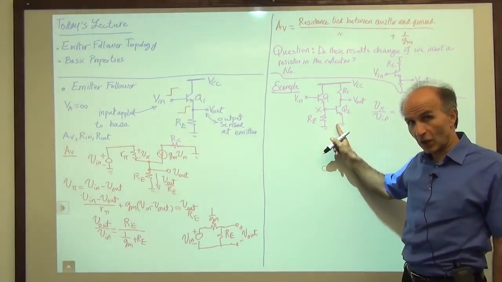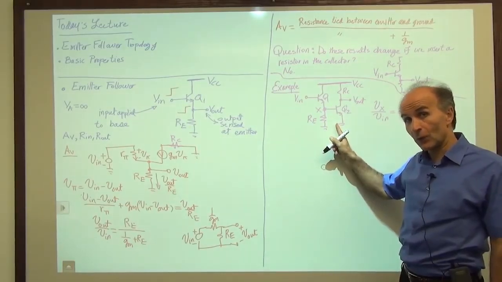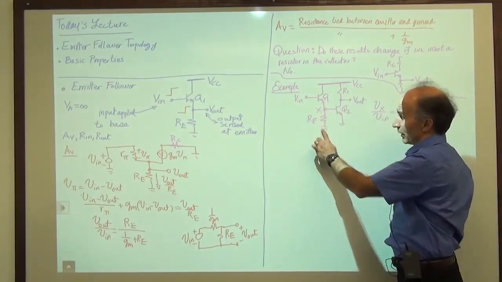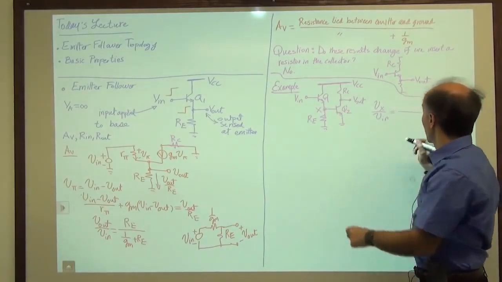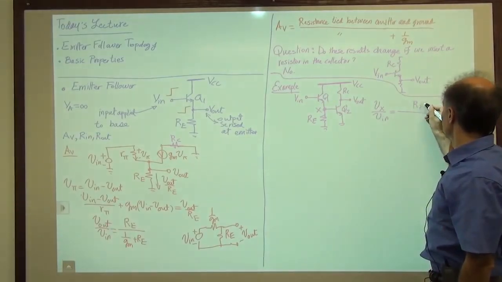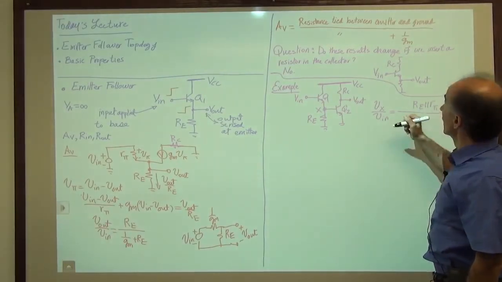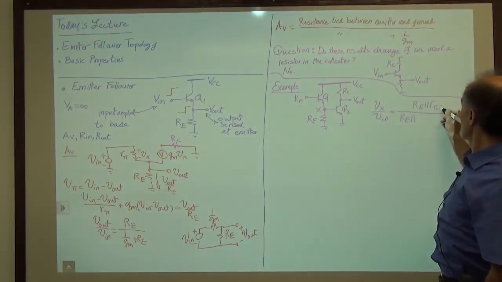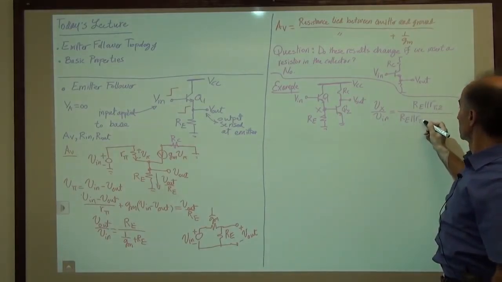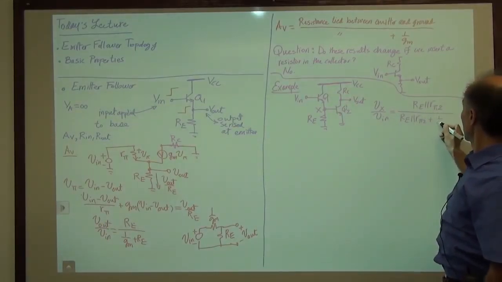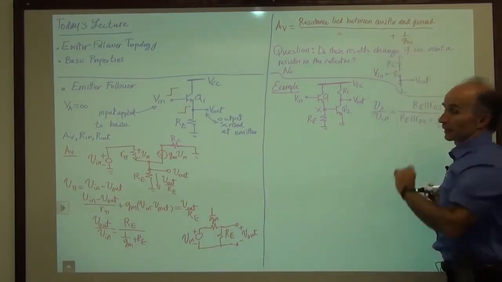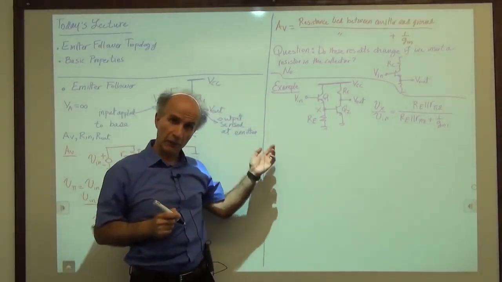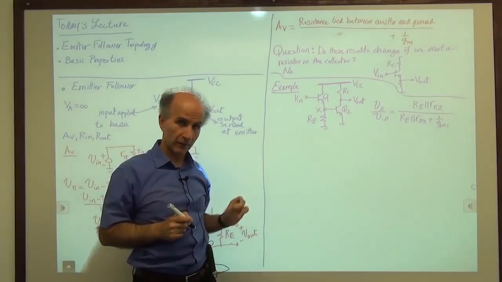The input resistance of a common emitter stage with no degeneration is R pi. So what we really have from X to ground consists of RE in parallel with R pi, and that's what should go up here. And again down here, and to make sure we don't get confused, this is R pi 2, and then plus 1 over GM1 as stipulated by that term over there. So this is the voltage gain from the base of the emitter follower to its emitter, and it's less than 1.